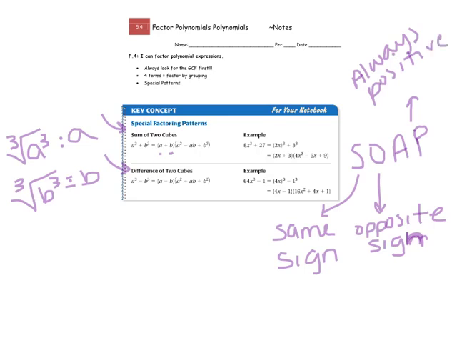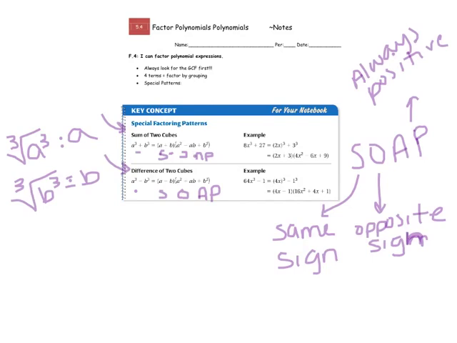All right, so let's take a look at this. If it's sum of 2 cubes, same sign would be positive, opposite sign would be negative, and always positive is a plus. All right, if we look at the subtraction one, if it's a minus here, the same sign is a minus, the opposite sign is a plus, and always positive is a positive.